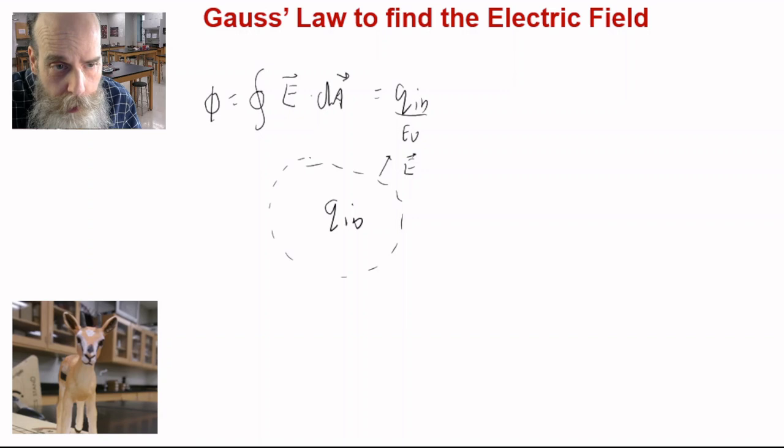Now, Gauss's Law is easy to use if you can find a surface for which the electric field has a constant magnitude on that surface. And that doesn't work for all situations.